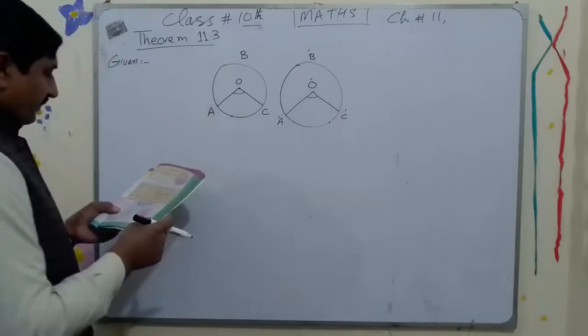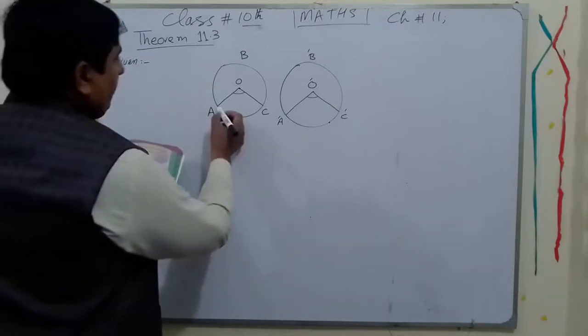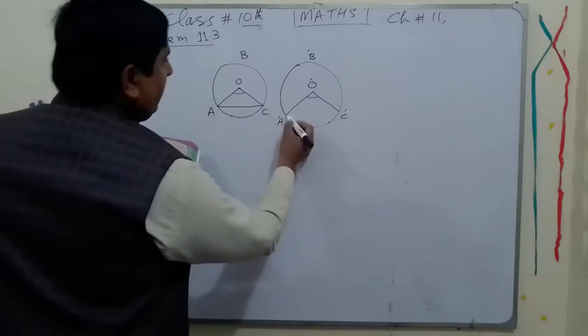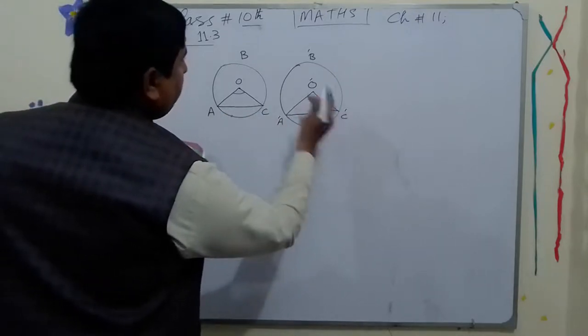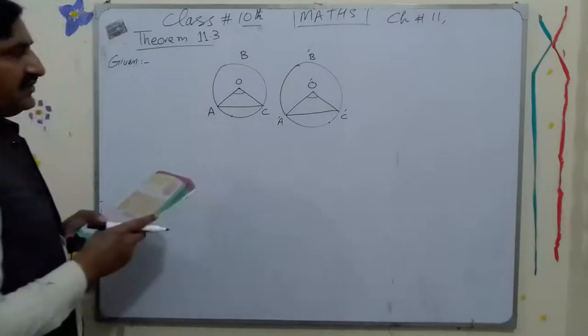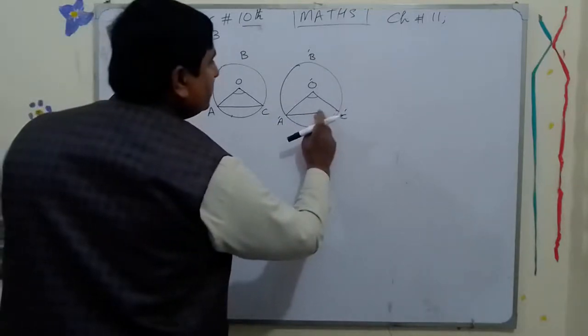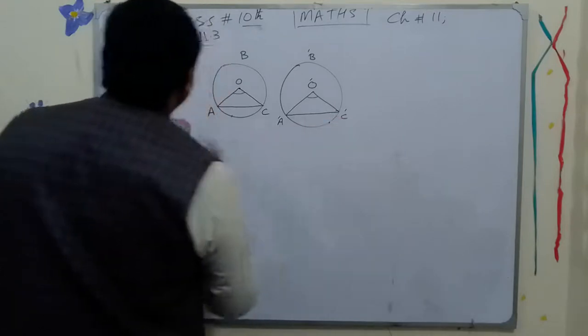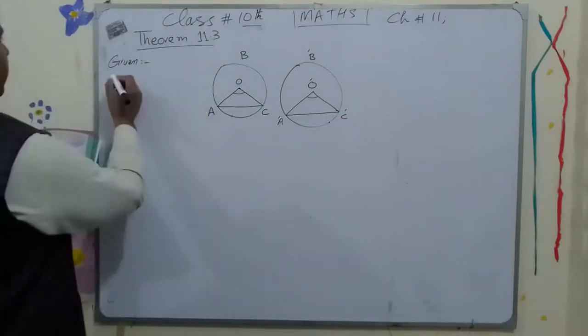Let's see what we have given. This is our chord AC and this is our chord A prime C prime. We have two congruent circles. What is given?